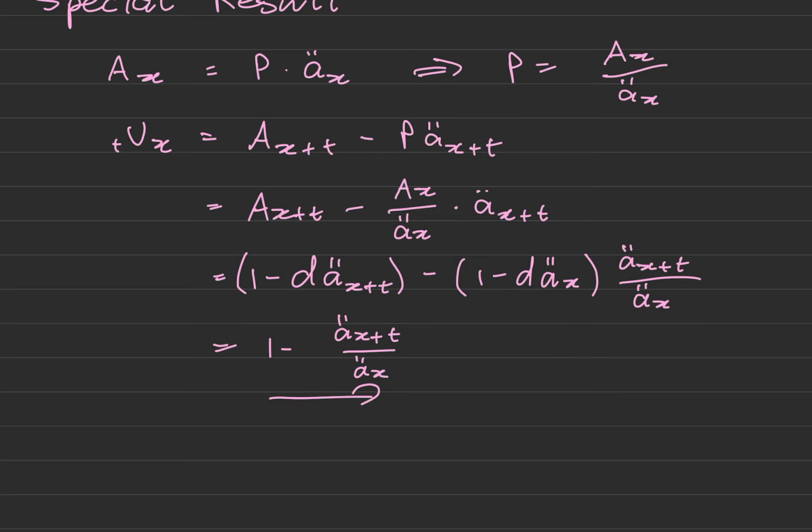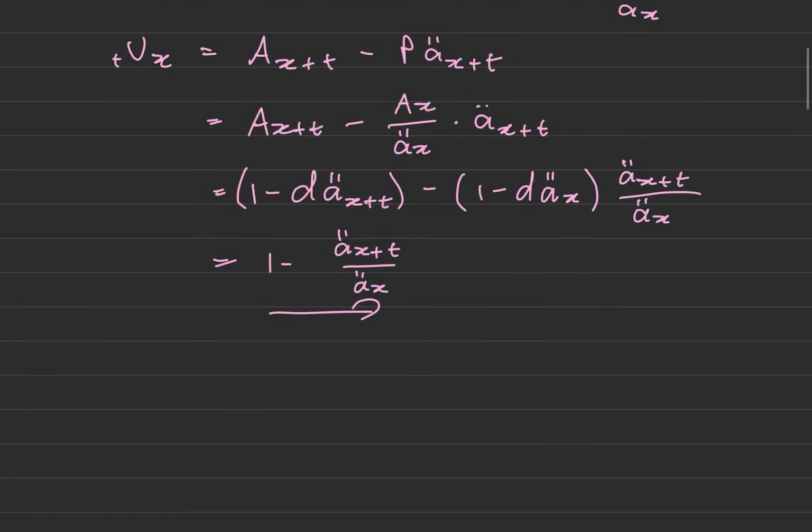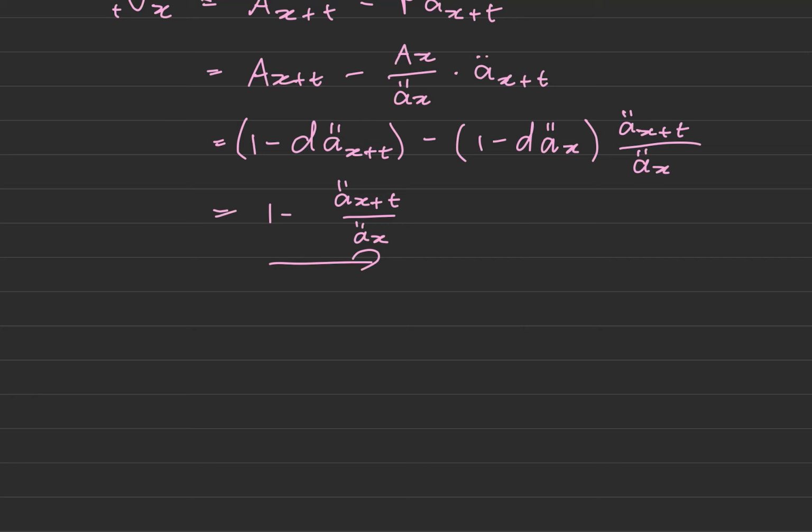Okay, so this special result holds for whole life assurances. So let me just quickly write down the things it holds for. It holds for that, it holds for that where the death benefit is payable immediately on death and where the premiums are payable continuously. So this is where the death benefit is payable at the end of the year of death and the premiums are payable annually in advance.